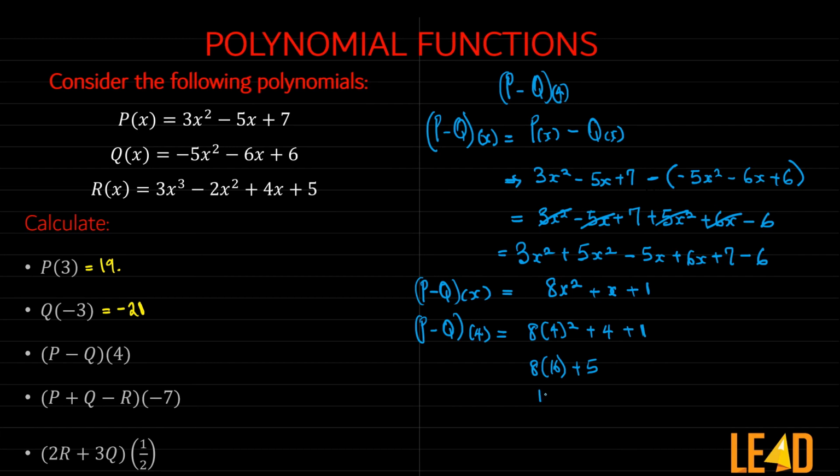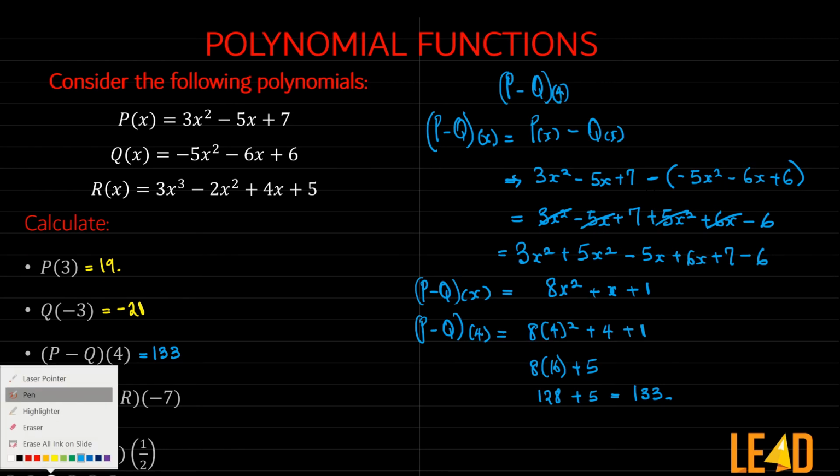Anyway, so that was 128 plus 5, which is 133. Right, so this is 133. So if you use the other method of trying to get p of 4 and q of 4 and then subtracting them, I'm pretty sure you should have the same answer.